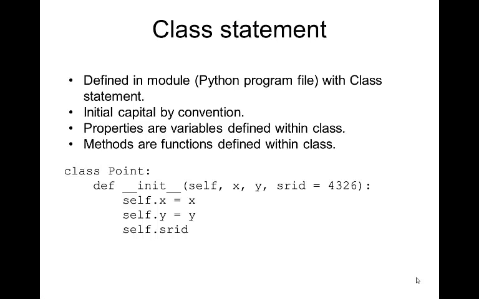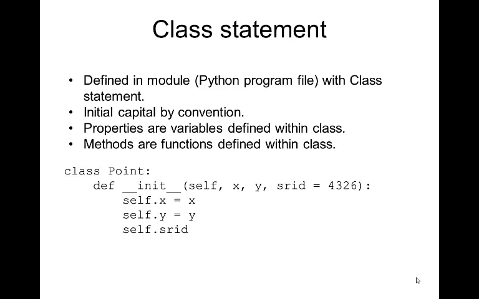We pass in a number of things. We pass in, in this case, something called self, which means the instance that I am. So you've created a new instance of Point. Self means the point that you just created, this point, me. We can pass in an x and a y and an srid. In this case, we've set a default of 4326, which is WGS84.